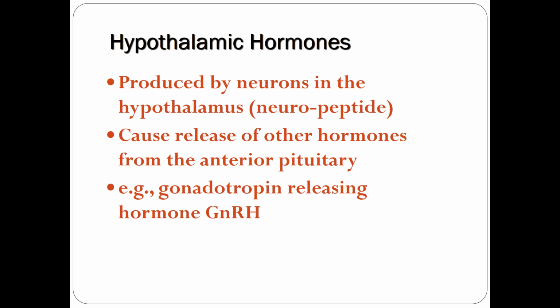So in this case, gonadotropin releasing hormone is actually only 10 amino acids long. It's very, very small. And so these neuropeptides actually will cause the release of another peptide from, in the case of GnRH, the anterior pituitary gland.